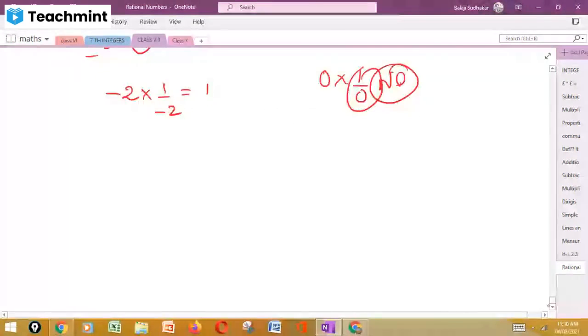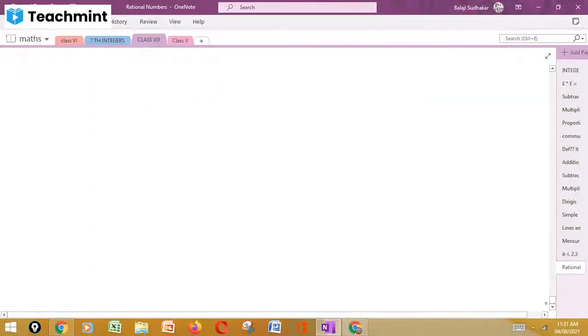Okay, so that's two done: additive inverse and multiplicative inverse. Now additive identity. Look at what the meaning of additive identity is.